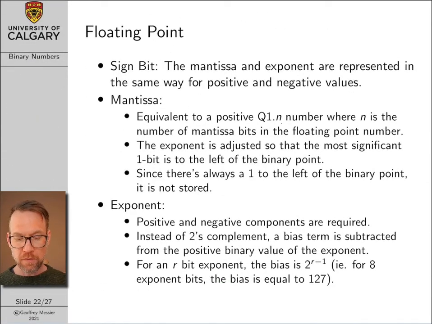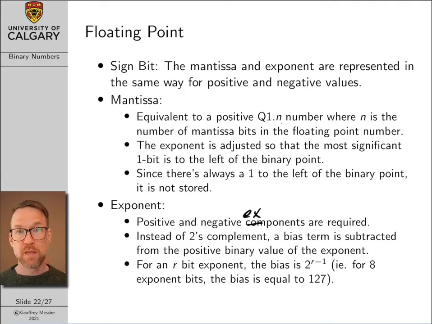Now the exponent value, both positive and negative exponents are required. So if we hop our binary point to the left, we need a positive exponent, just like we do when we hop the decimal point for scientific notation to the left.